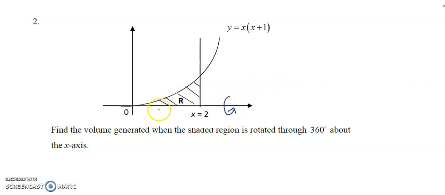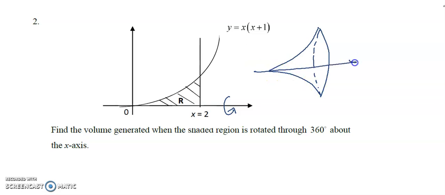After it rotates, the path that this region takes will roughly form this shape, this solid. This is like a wizard hat. So this is our axis of rotation, the x-axis, and we want to get the volume of this solid.